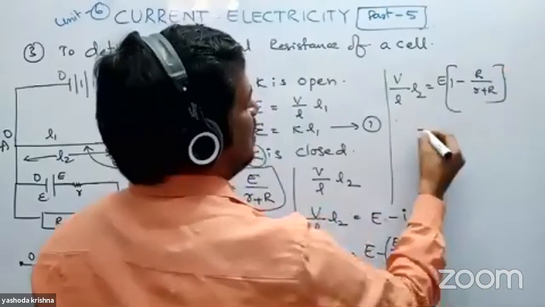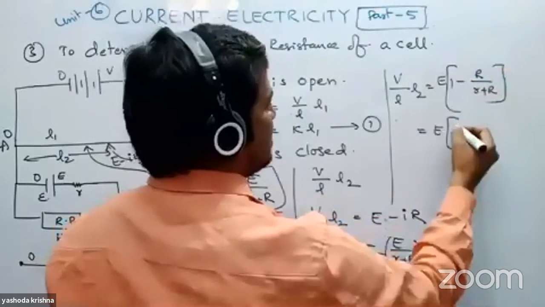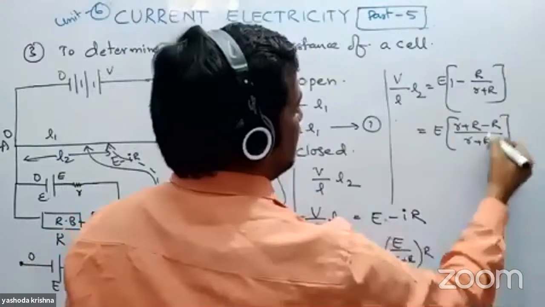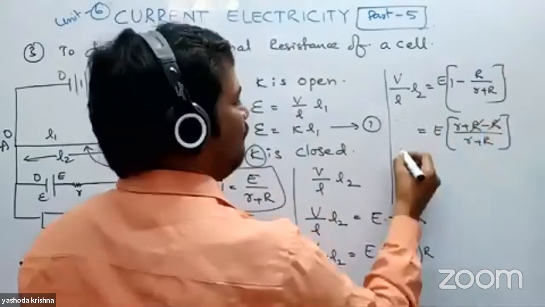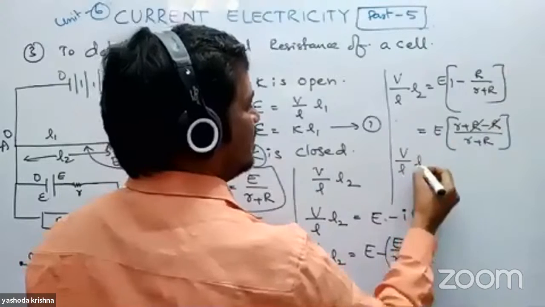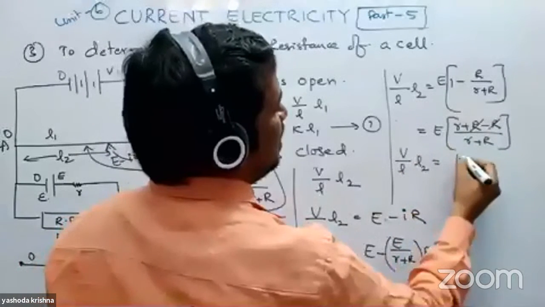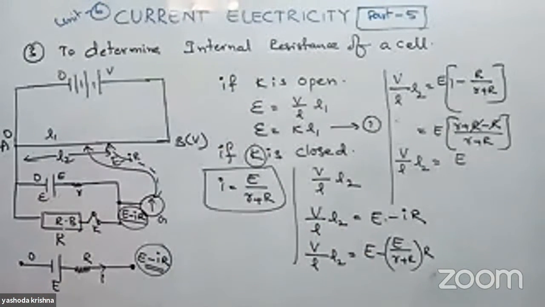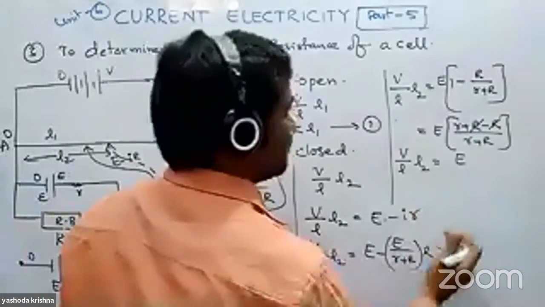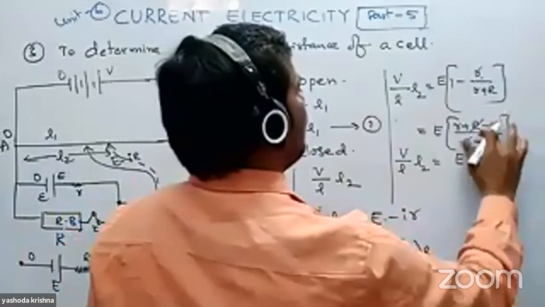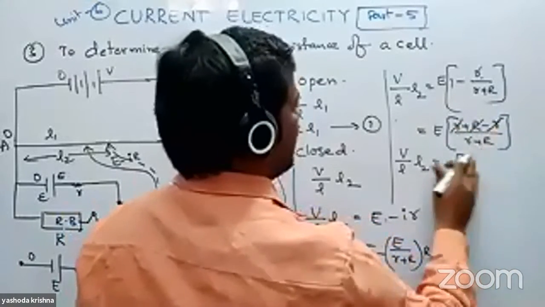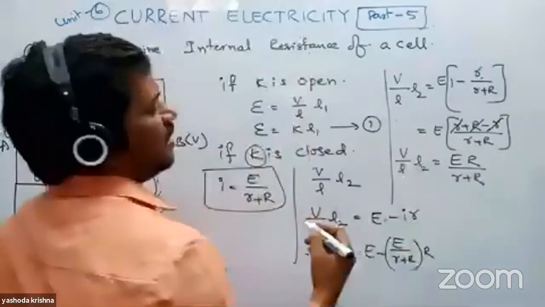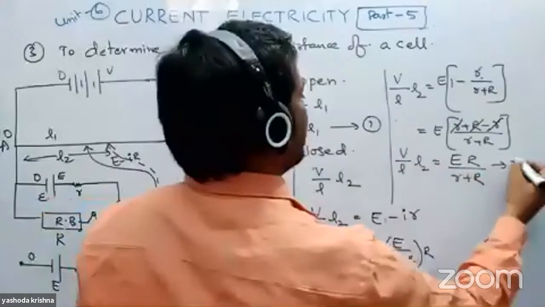Taking the LCM, R plus r minus r by R plus r, then r gets cancelled. So V by L into L2 is equal to E R by R plus r. This is the second equation.